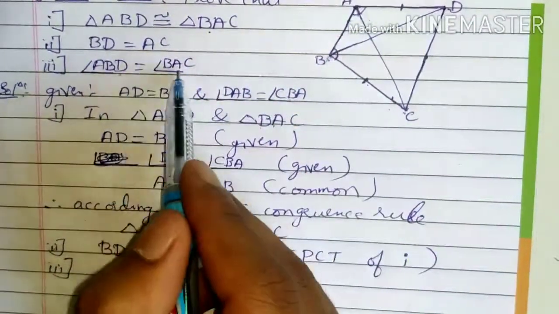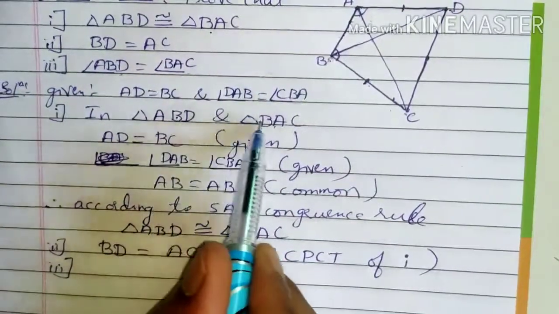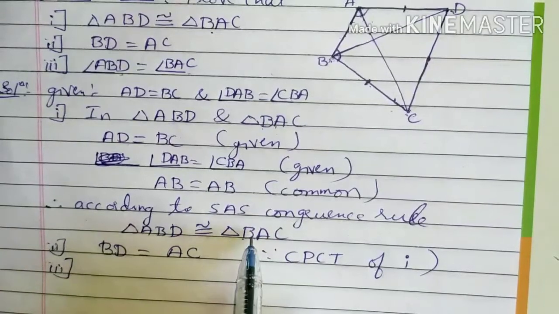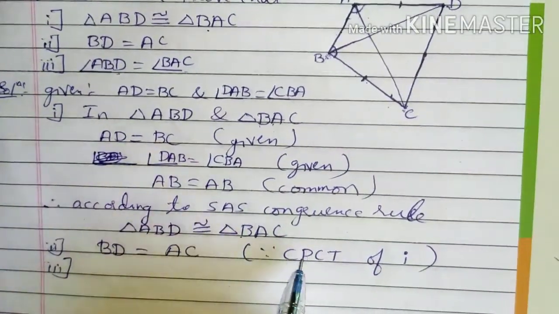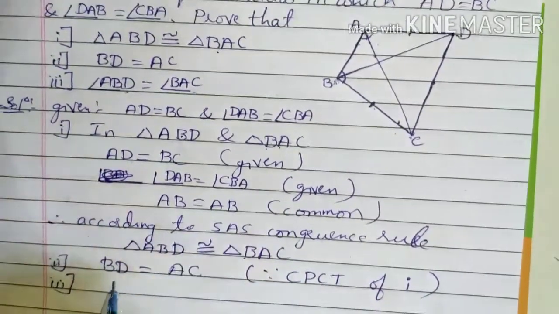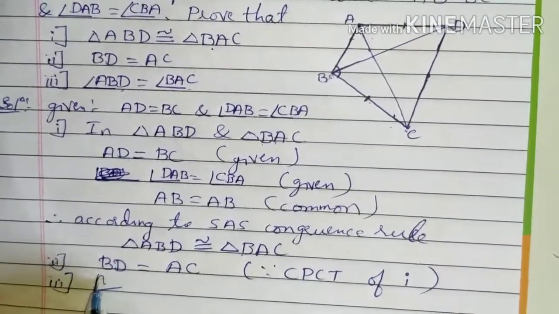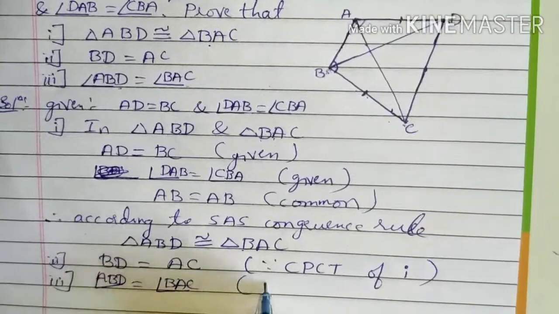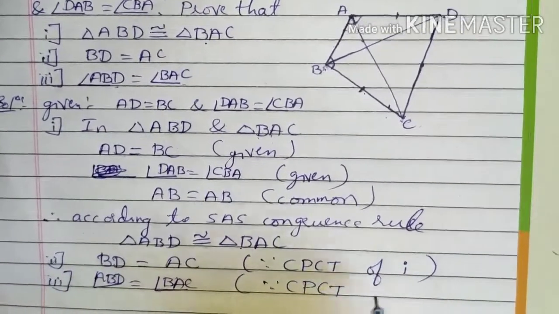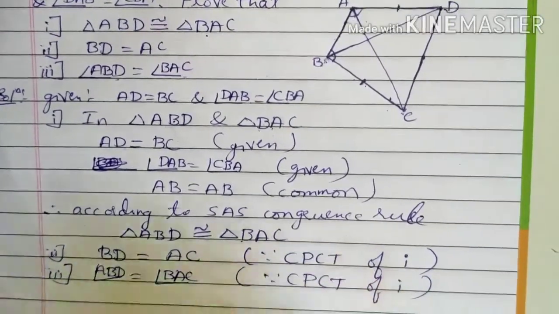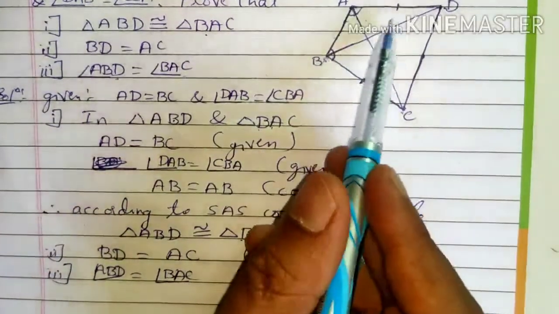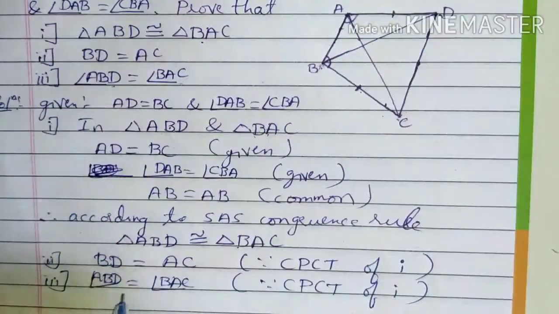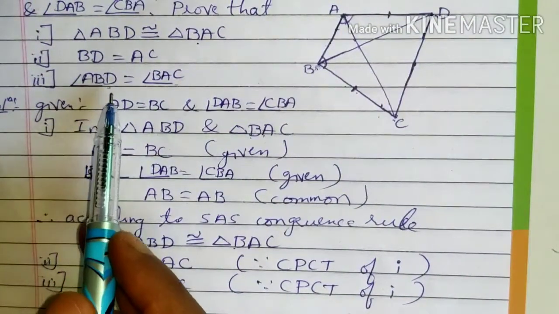So these two angles also come in these two triangles, which we have proved that they are congruent. So therefore here also we can make use of CPCT. So therefore angle ABD is equal to angle BAC because CPCT of 1 again. So corresponding angles will also be equal, right? So therefore, this is how we prove or solve the second problem.